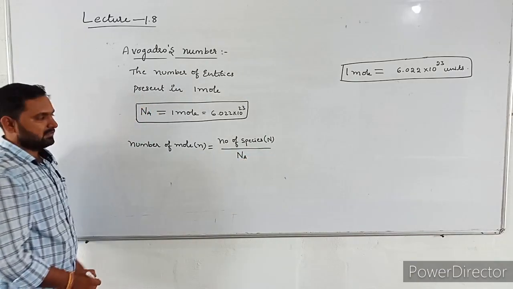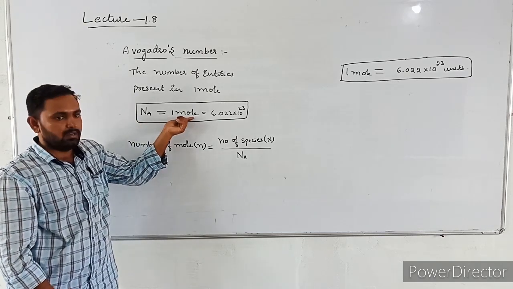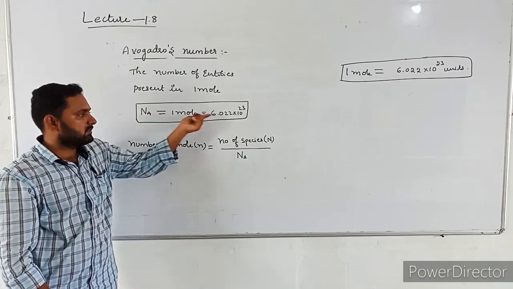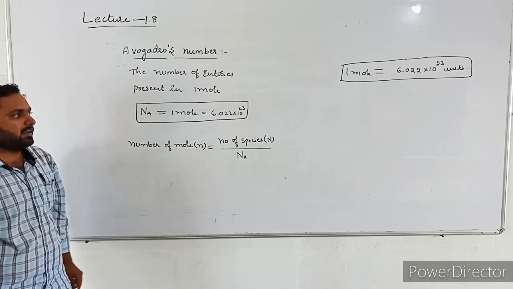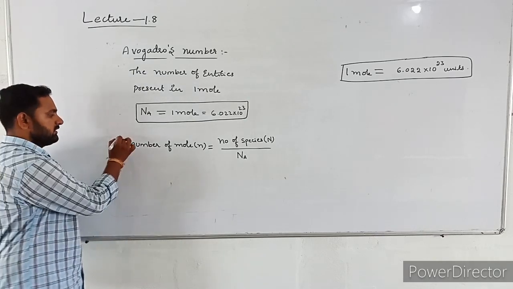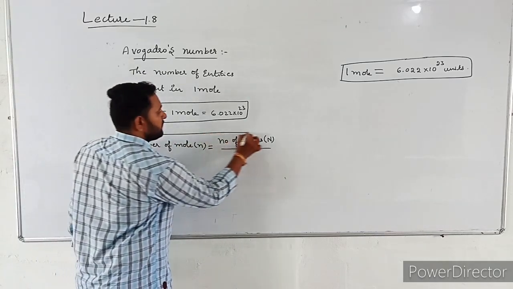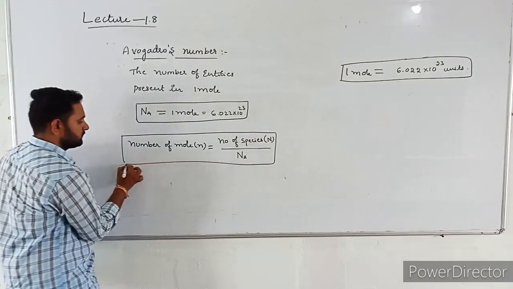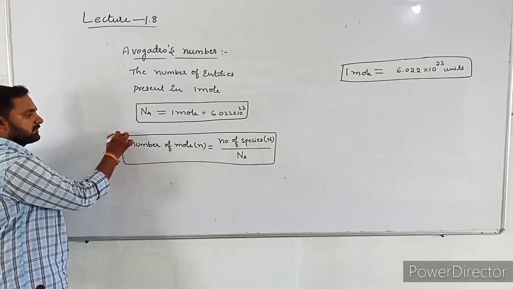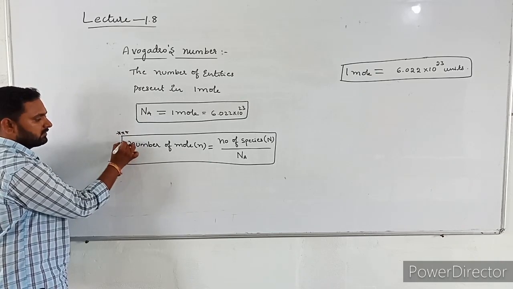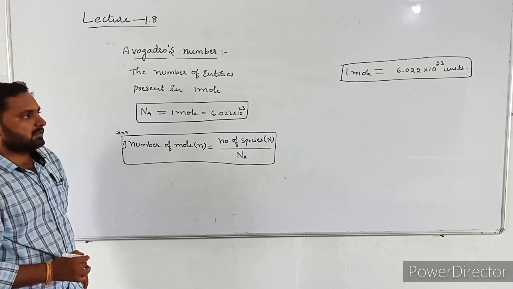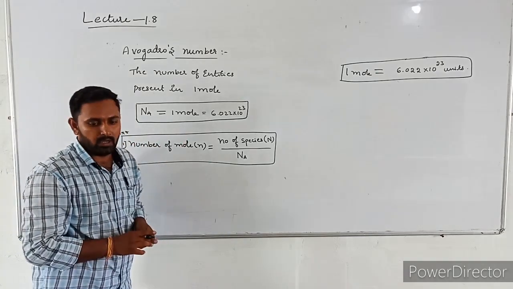Avogadro number is equal to 1 mole, or it is equal to 6.022 into 10 power 23. By using this formula, we can calculate the number of moles. This is important. Okay, this is the first formula. Now let us go for molar volume.